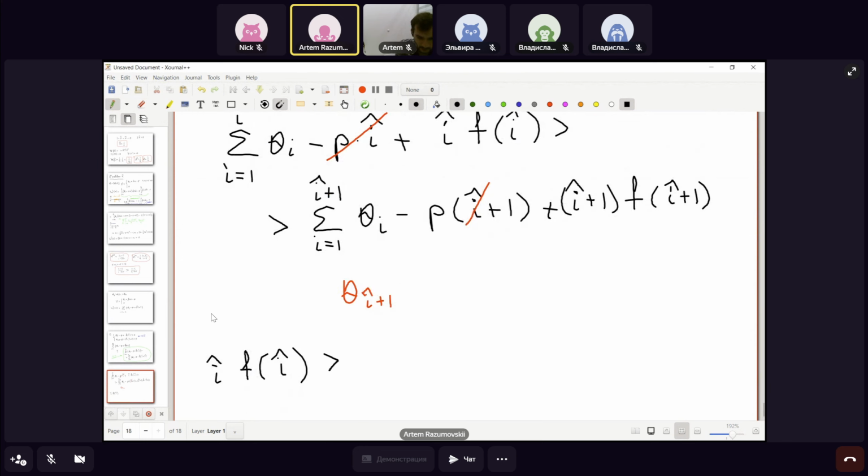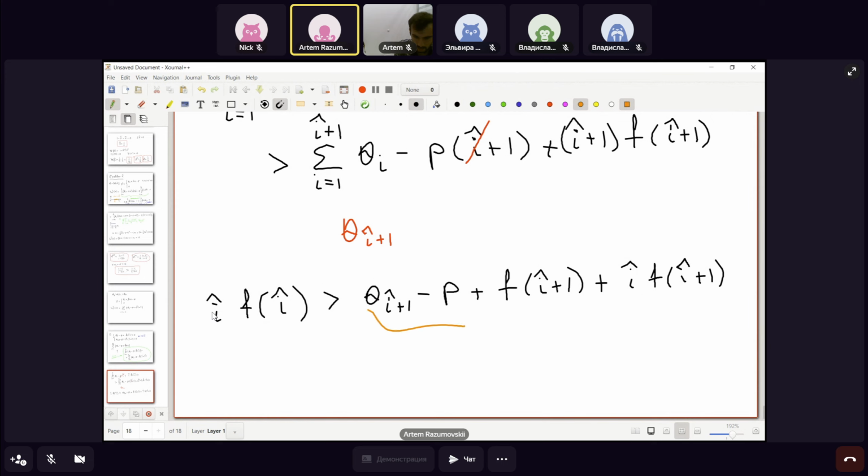Then on the right side we have theta of I hat plus 1 minus price, and then here will be plus f of I hat plus 1 and plus I hat times f of I hat plus 1.